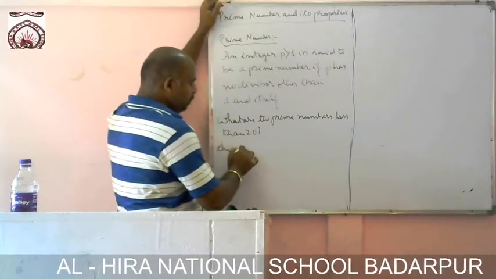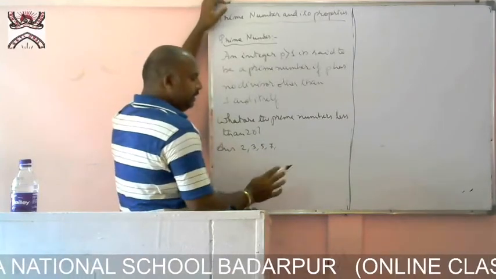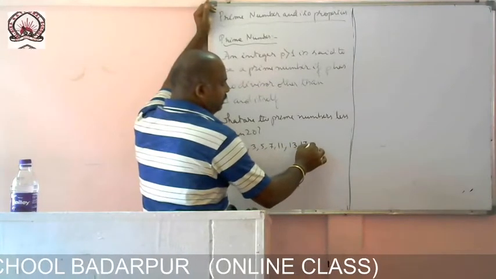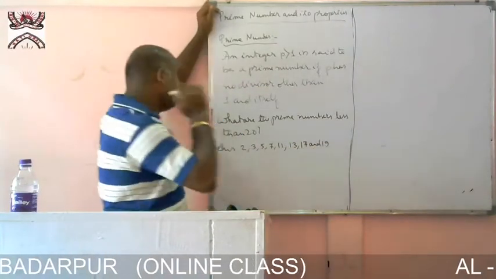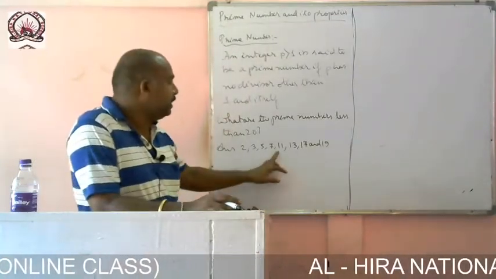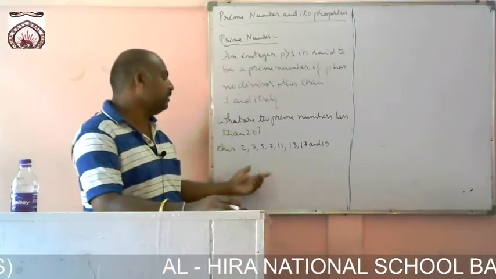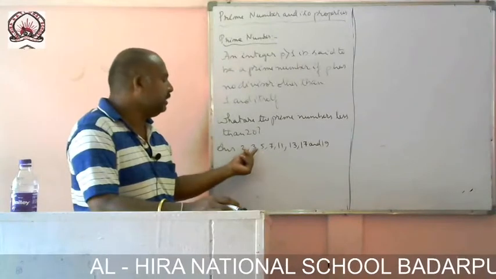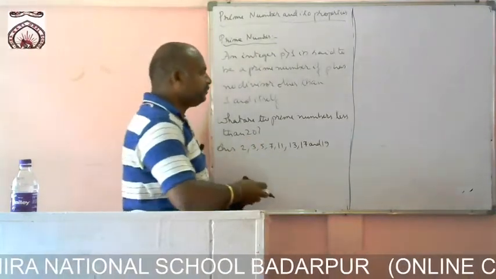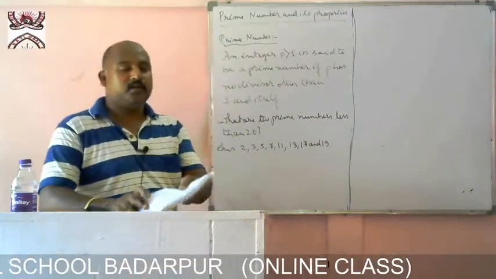Answer: 2, 3, 5, 7, 8 cannot be, 9 cannot be, then 11, 13, 17 and 19. We are getting 2, 3, 5, 7, 11, 13, 17 and 19. Okay, these are the prime numbers below 20. Now we come across composite numbers.